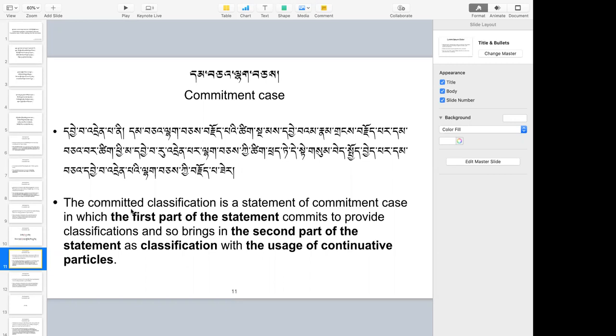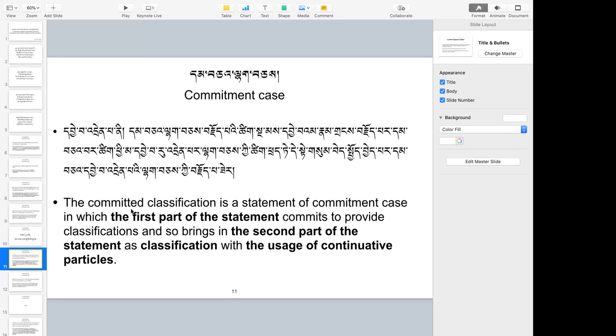So we must understand that for any statement to be classified as a commitment case statement, the first and most important thing is that it should be a usage case of the continuative particles. It doesn't matter if the first statement is committing to provide classification and the second statement provides the classification, if we are not using the continuative particle.